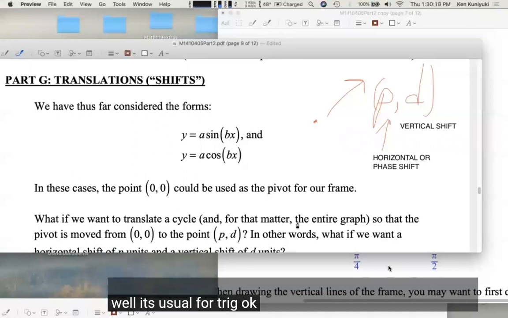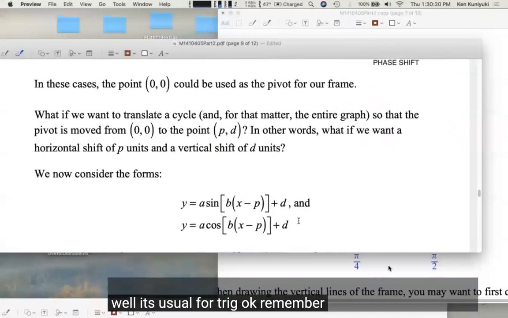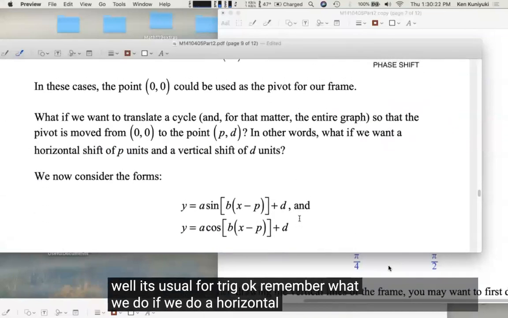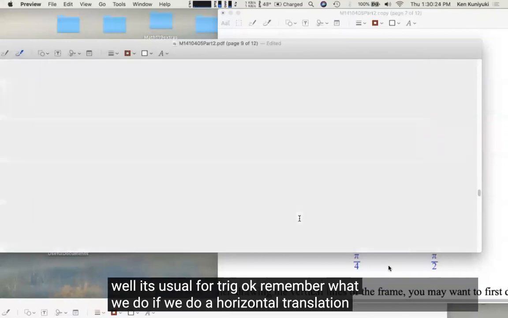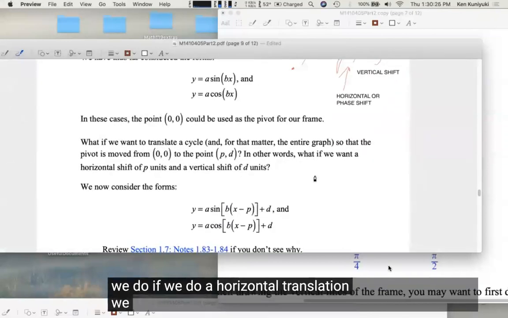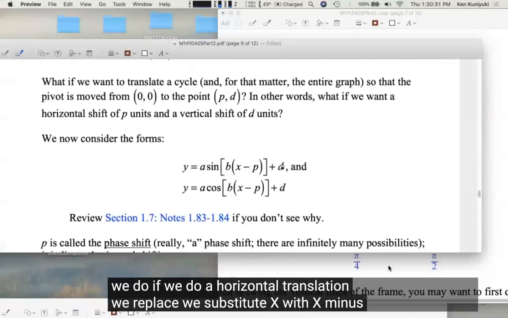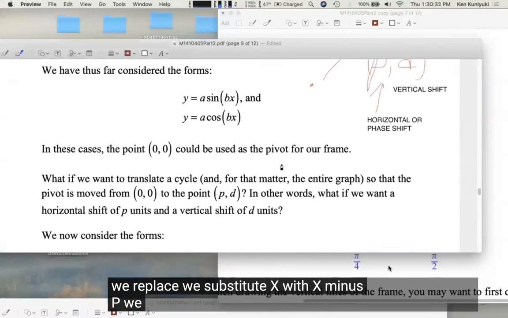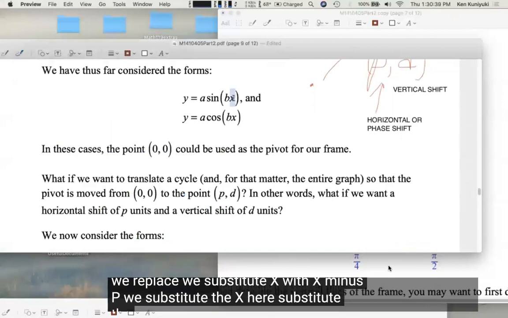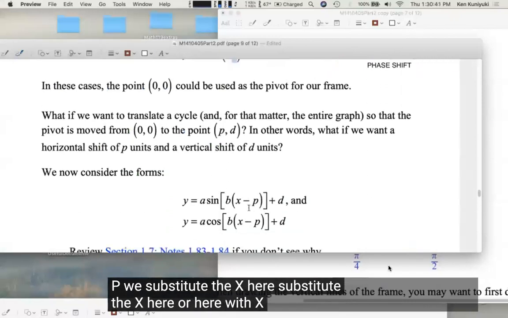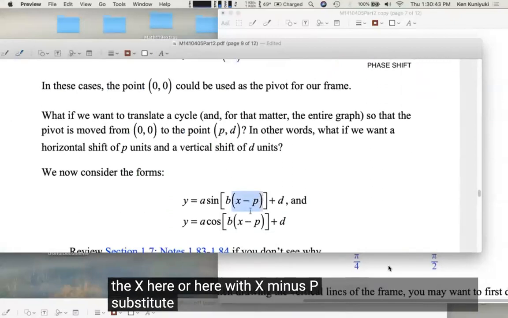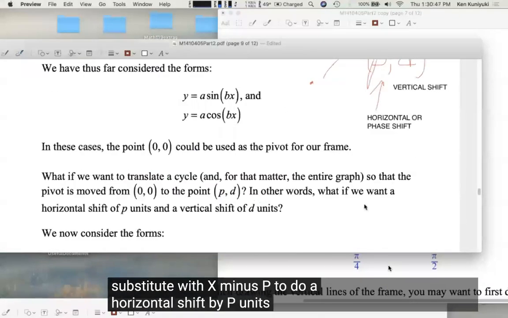Okay. Remember what we do. If we do a horizontal translation, we substitute x with x minus p. We substitute the x here, or here, with x minus p, to do a horizontal shift by p units.